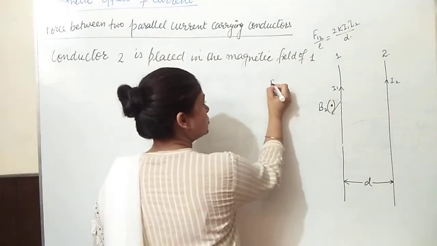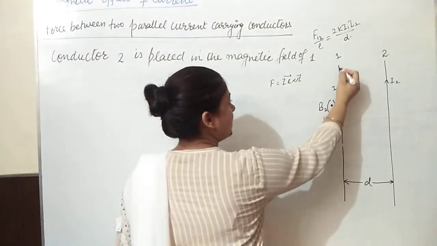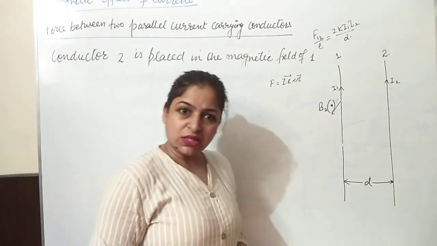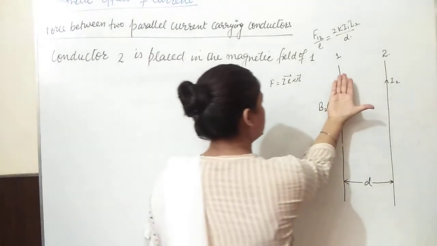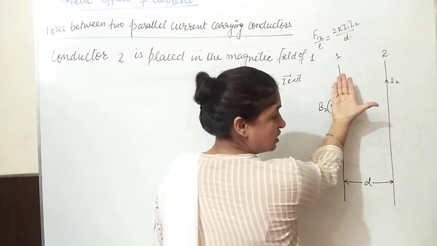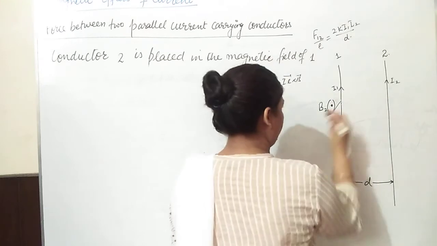We know that force is IL cross B. IL is upward and B is outwards, so stretch your fingers in the direction of the current and curl them outward. This is the direction of the force.